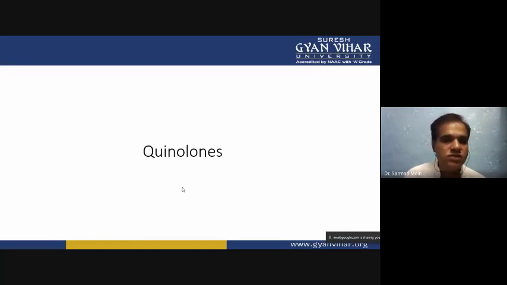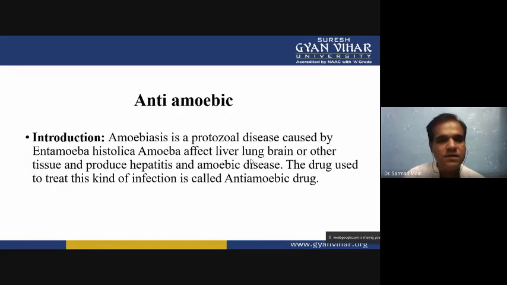Then quinolones. Quinolones are another type of compound which function as antibacterials. There are also antiamoebic compounds, which act against amoeba and amebiasis. Amebiasis is a protozoal disease caused by Entamoeba histolytica, and amoeba can affect the liver, lung, brain, or other tissues.